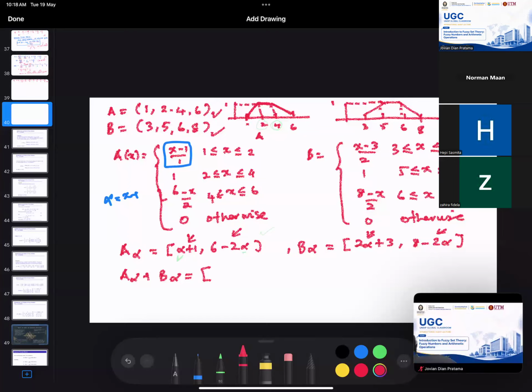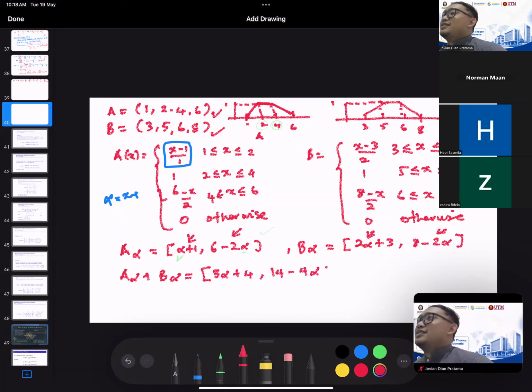It's very easy. So you will get here 3 alpha plus 4, and then this one should be equal to 14 minus 4 alpha. So this is actually your C alpha.